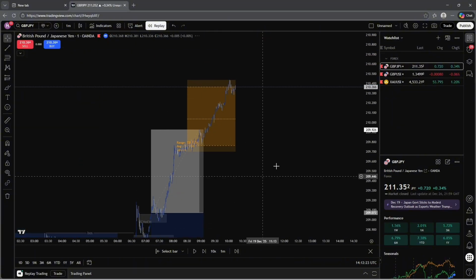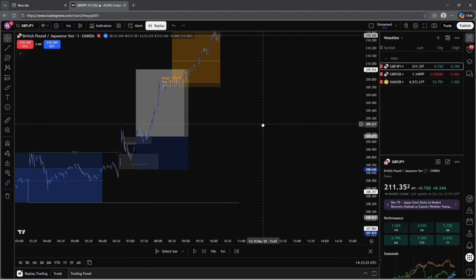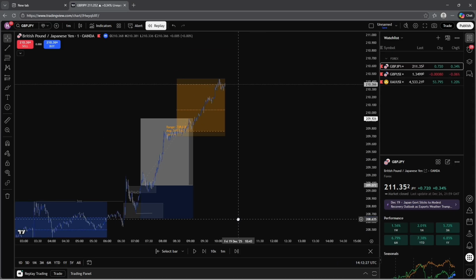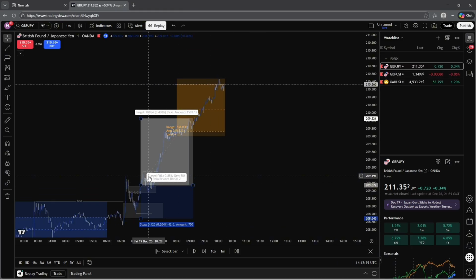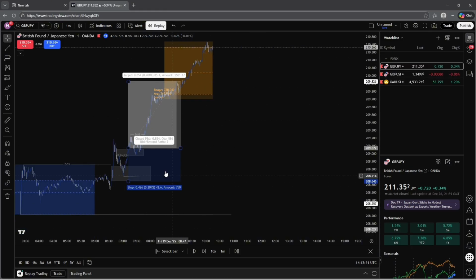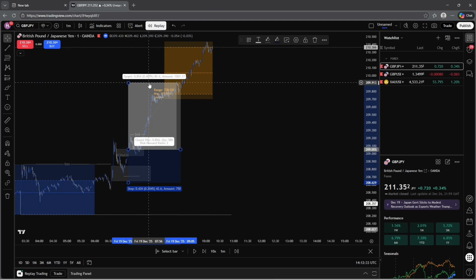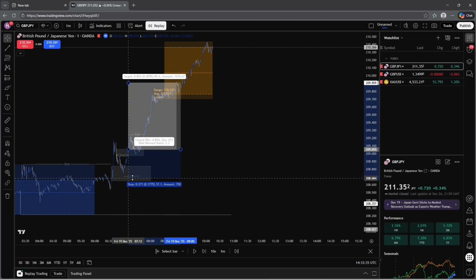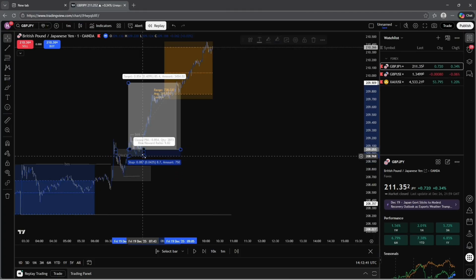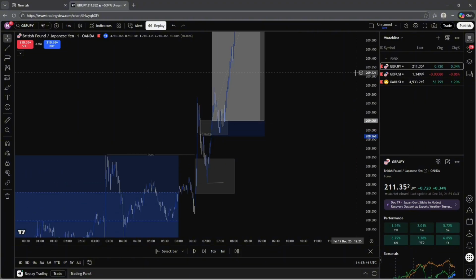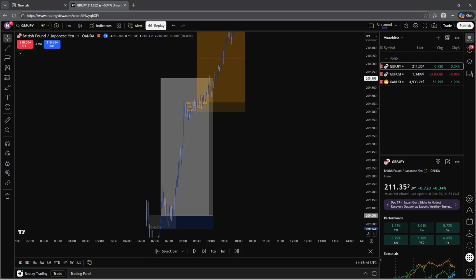Cool. So this shows that we were completely correct with the analysis that we done. Price did in fact want to continue even higher. Now this same trade, if we had our take profit at the same place with a tighter stop loss, could have been a 1 to 2.5 if we were at this low, or could have even been a 1 to 9 if we had it below the inverse fair value gap.